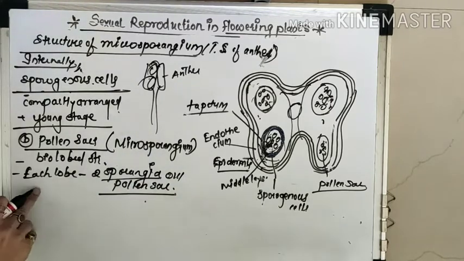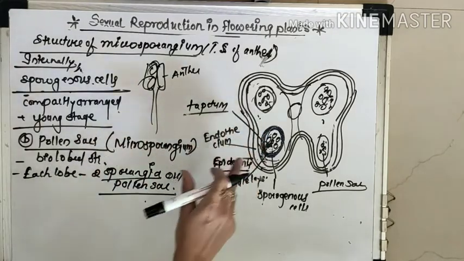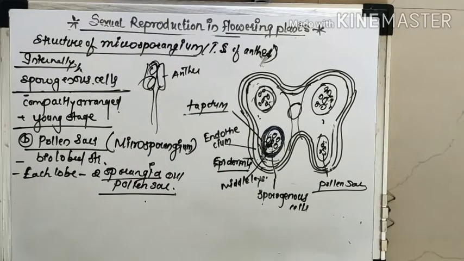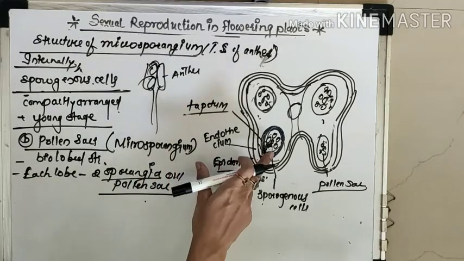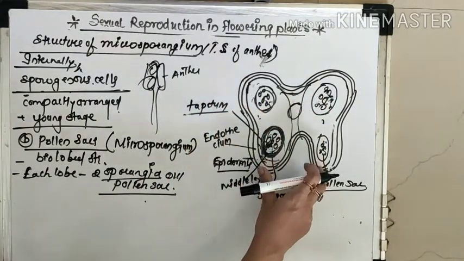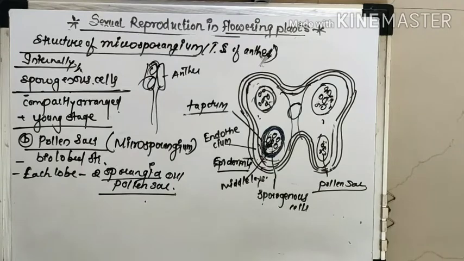So at 4 corners there are 4 microsporangia.